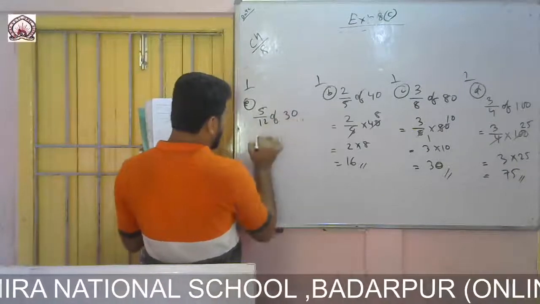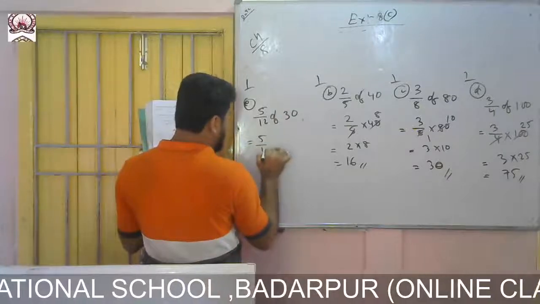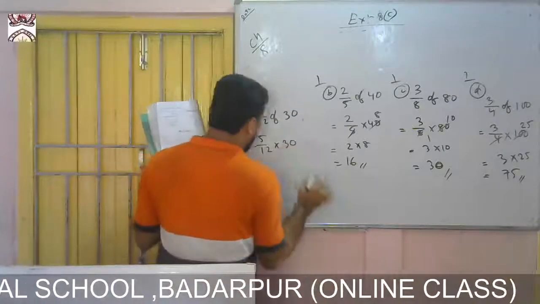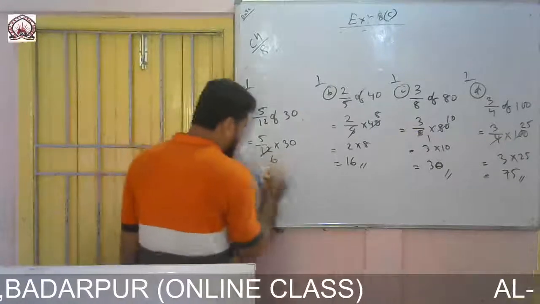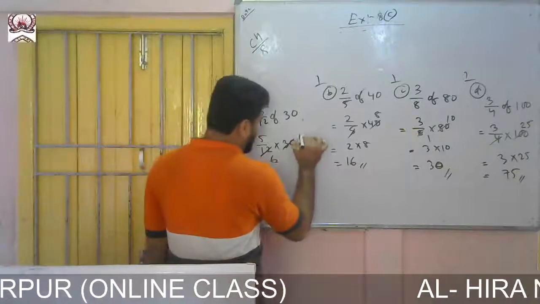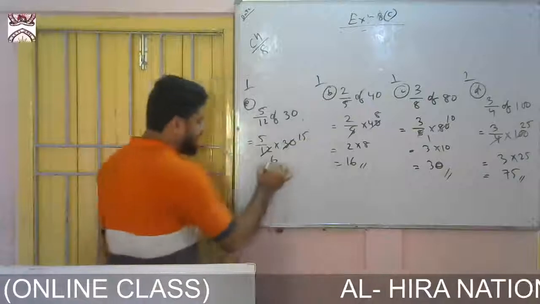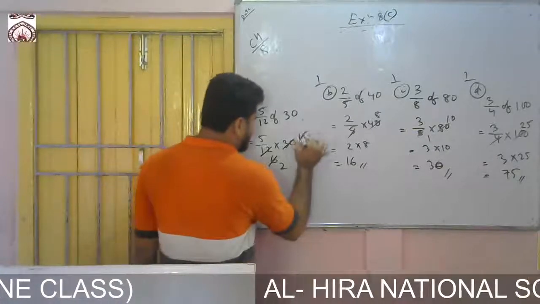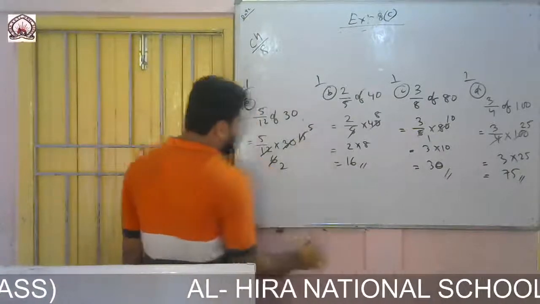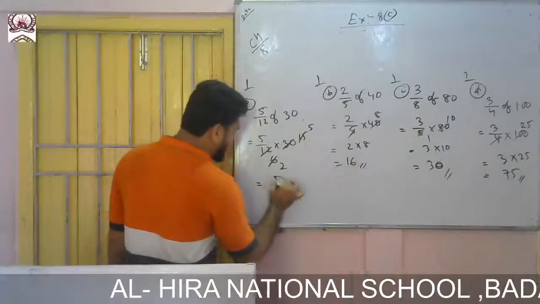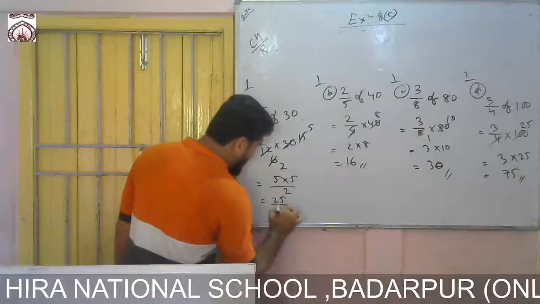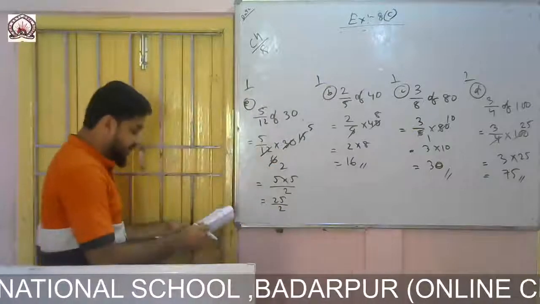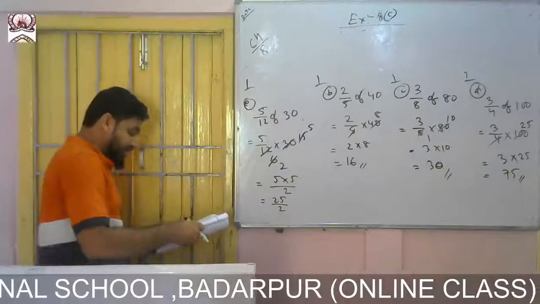So 5 by 12 into 30. So you cancel. 6 with 12 and 15 with 30. Now with 3, 6 twos are 12, 3 fives are 15. So remain 5 into 5 by 2. It is 25 by 2.